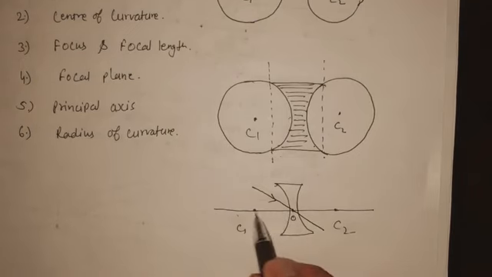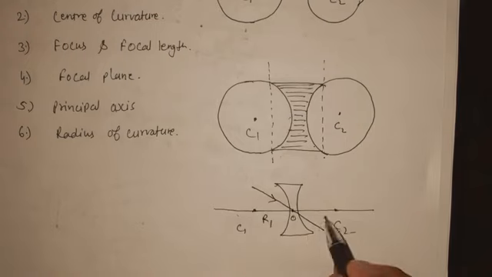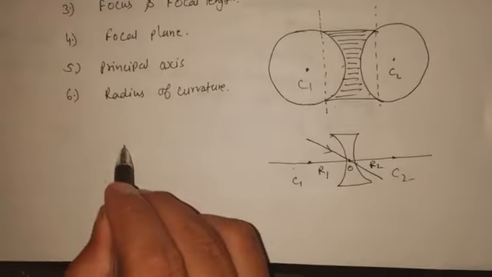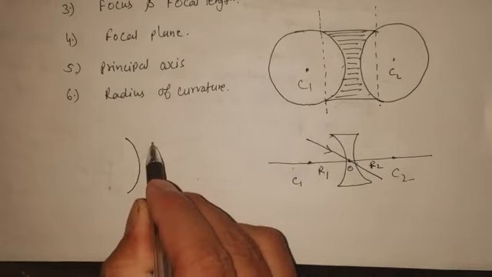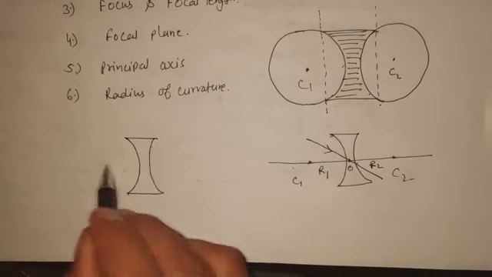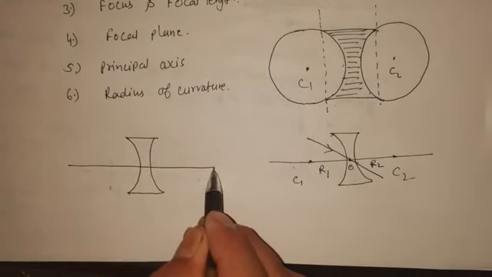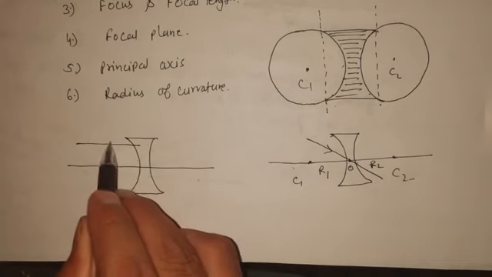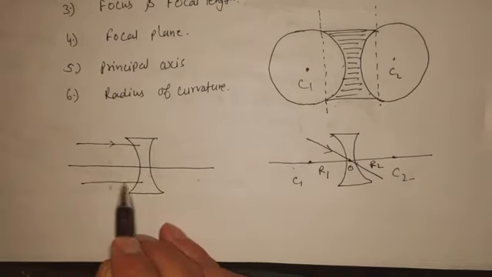Now you will find here that this is the optical center and this is the distance of the focus from the optical center. Measurements are made according to the direction light travels; the arrow shows light traveling toward the right, and measurement starts from the optical center. So this is against the direction of light.